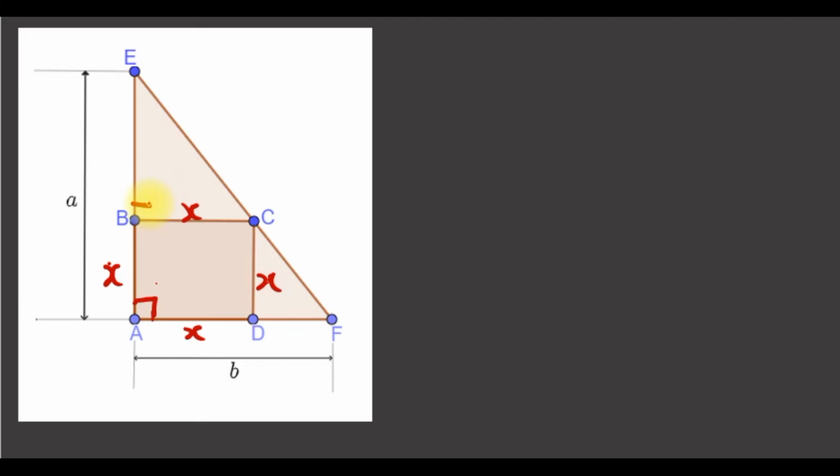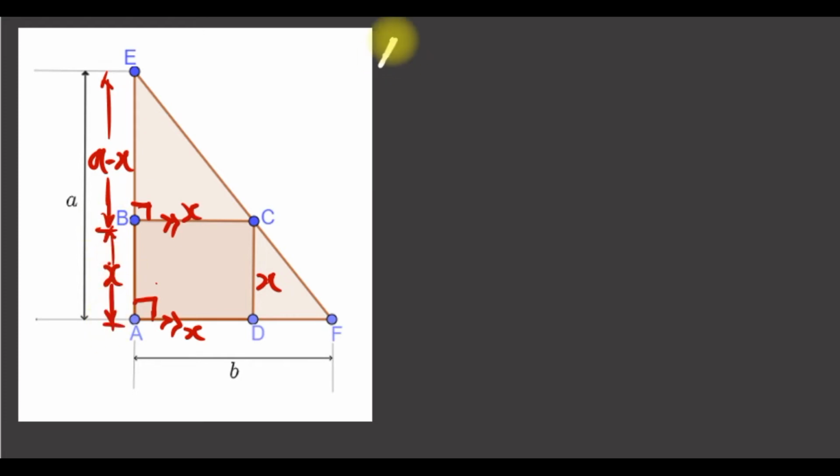Remember, the sides are parallel. This is parallel to that, and this is parallel to this, making this angle 90 by the corresponding angle theorem. Since the total length here is a, the remaining length from here to here is a minus x. And this is x.